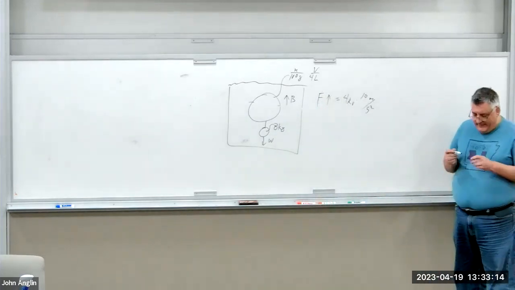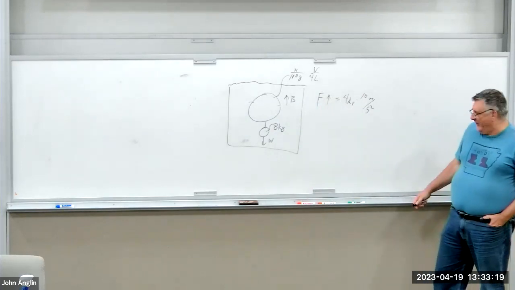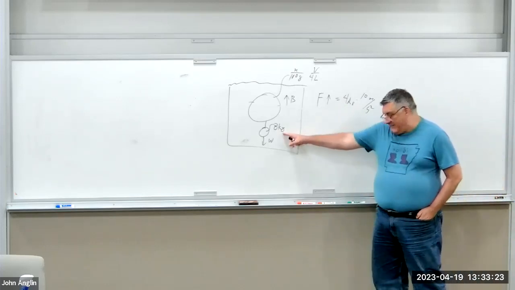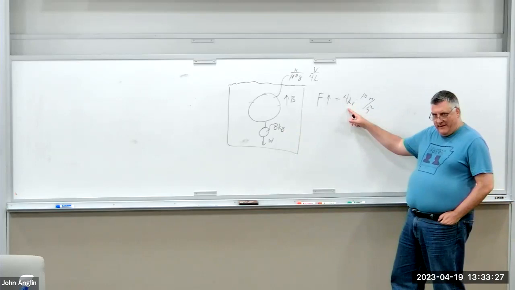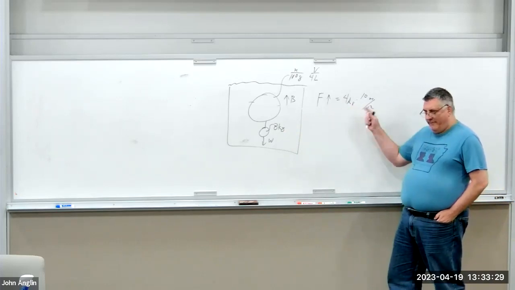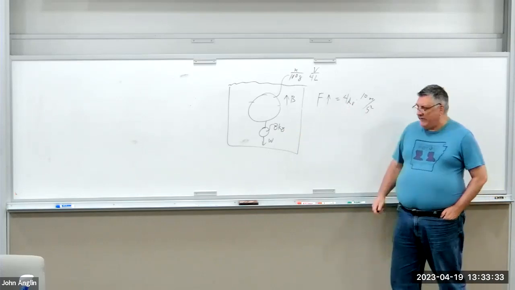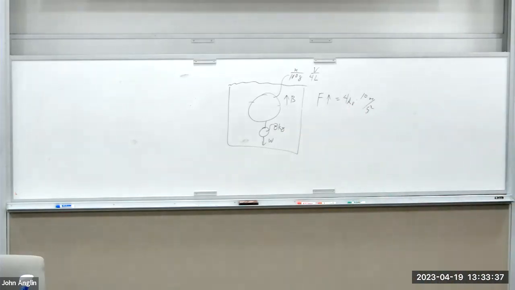Well, if this thing is neutrally buoyant, then half of that force, because there's 2 objects on this bag, has to be half. So half the force would be half the mass, right? 4 kilograms. We're going to assume the acceleration due to gravity is 10, just to make the math easy.